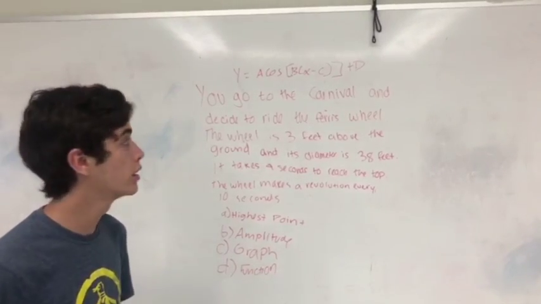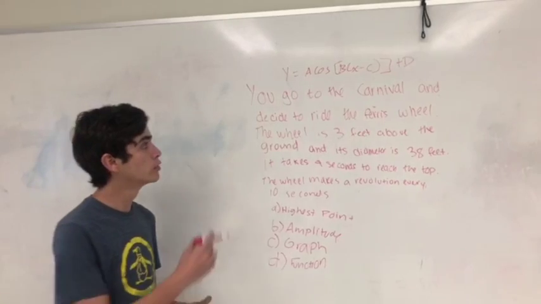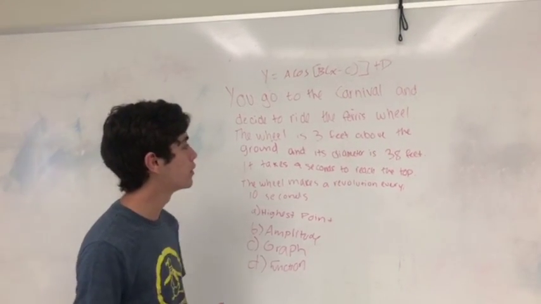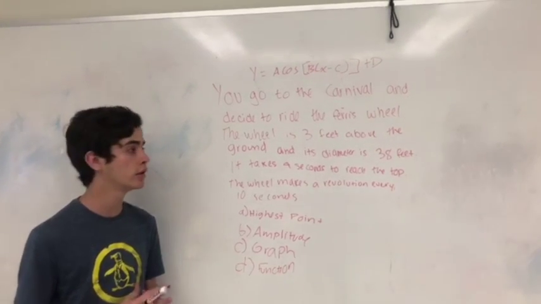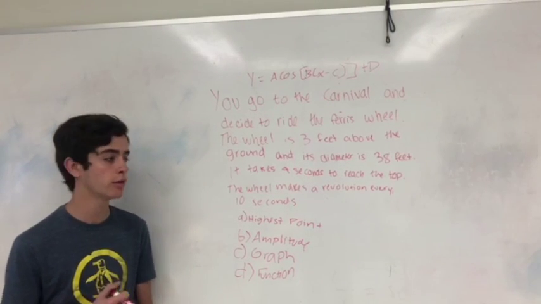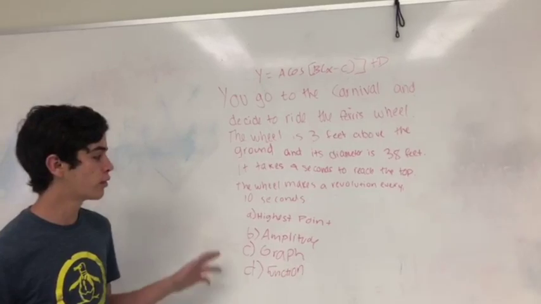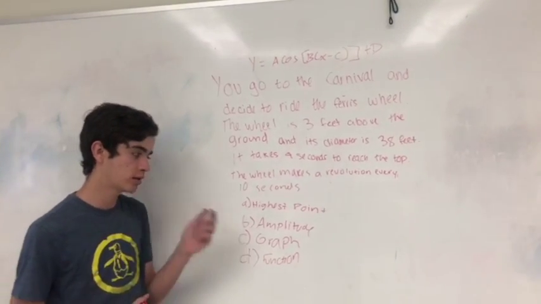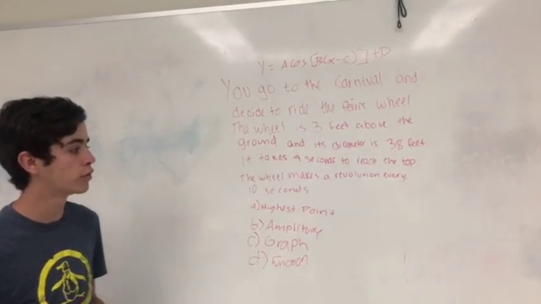We will now explain a real-life situation using a cosine function. You go to a carnival and decide to ride the Ferris wheel. The wheel is 3 feet above the ground and its diameter is 38 feet. It takes 4 seconds to reach the top, and the wheel makes a revolution every 10 seconds. With this problem, we will try to find the highest point, the amplitude, the graph, and the function that corresponds to this problem.